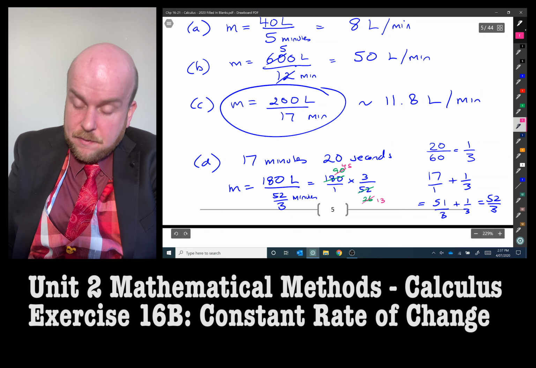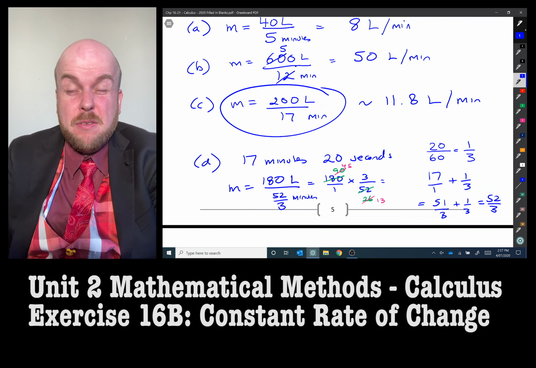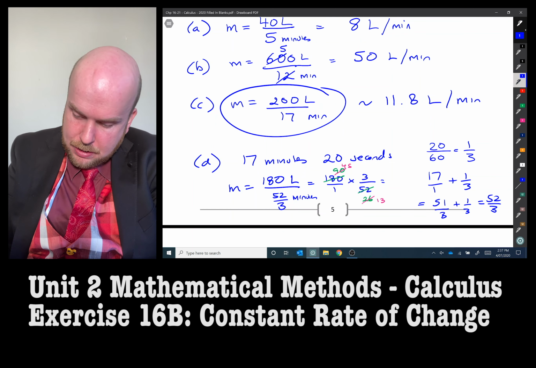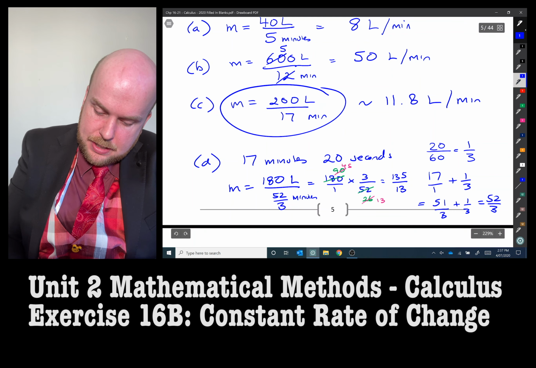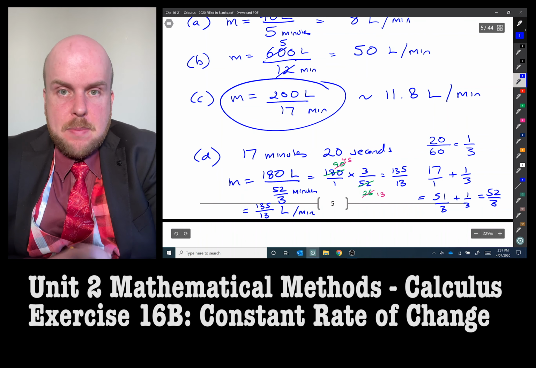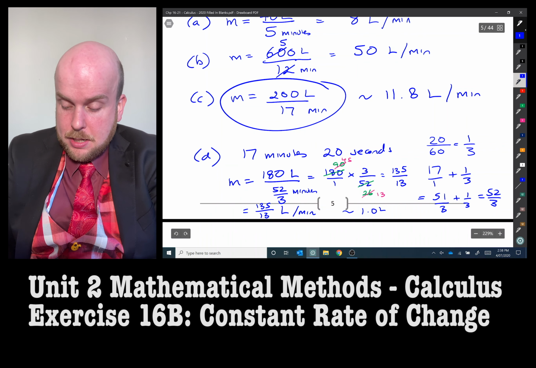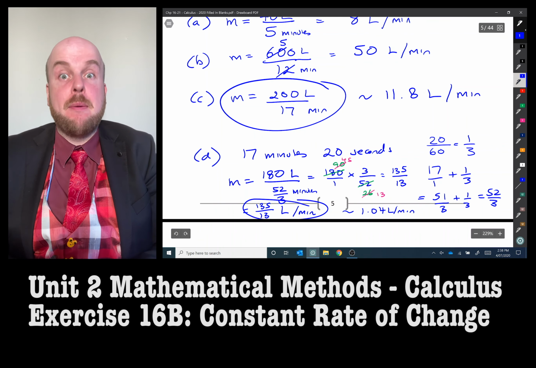And so that's going to be 45 times 3, which is what? 45 times 2 is 90. 90 plus another 45 is 135 over 13. So the answer is 135 over 13 litres per minute, which if you've been asked for decimal places, you can say that is 10.4 litres per minute. But this answer is suitably fine for all things maths methods.